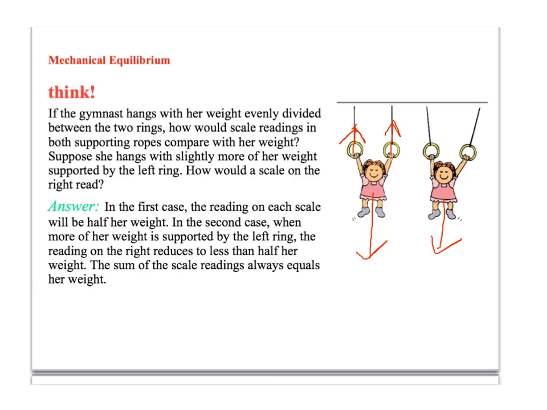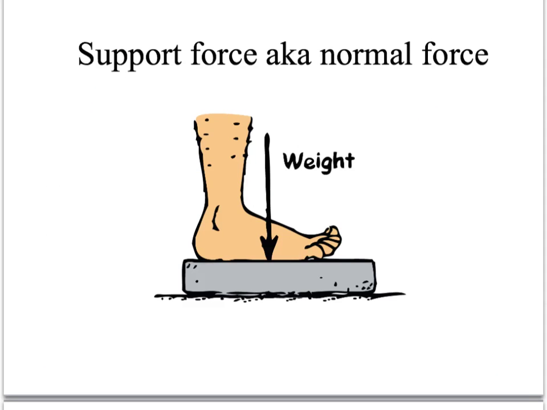In this case, where she is supported more by her right arm than her left arm, her right arm is going to have more than half her weight in tension, and the left arm is going to have less than half her weight in tension on it. If you are not seeing this, go back and read the beginning of chapter 2 and make sure you understand this.